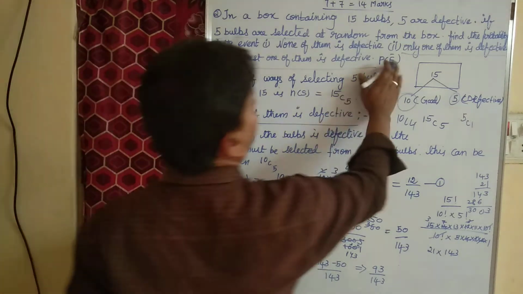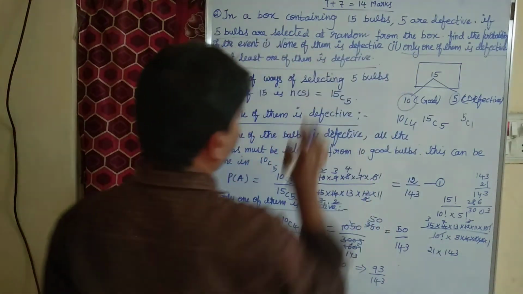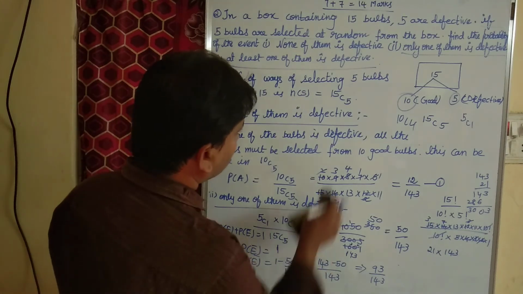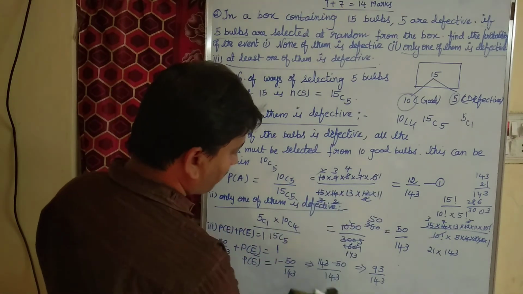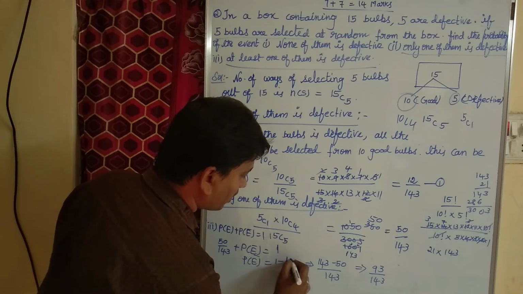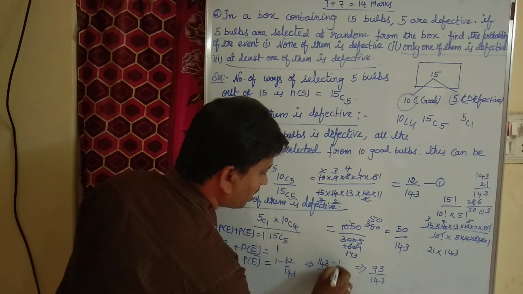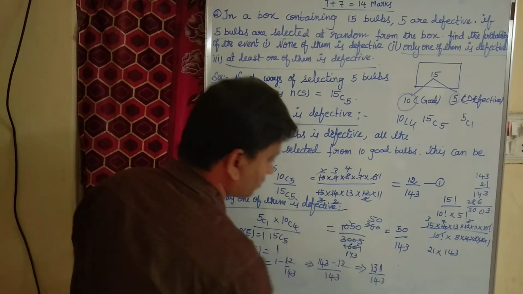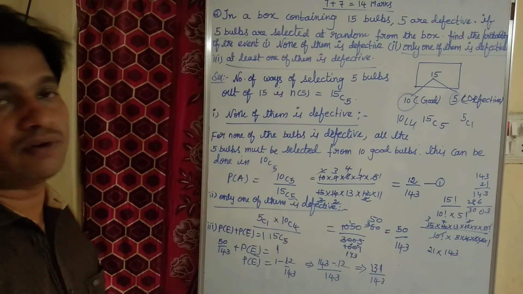These two are complementary events, children. First one and second one are complementary events. 1 minus 12 by 143, not 15 by, 12 by 143. So 143 minus 12: 3 minus 2 is 1, 4 minus 1 is 3. So the answer is 131 by 143.